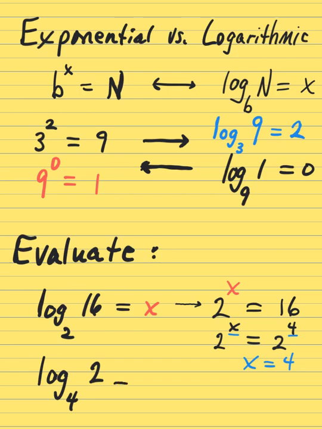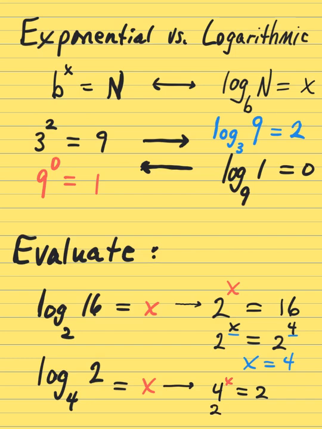The other logarithm problem, again, we don't know what the answer is, so I'm going to put an x because a logarithm is a missing exponent. Translate this. 4 to the x equals 2.